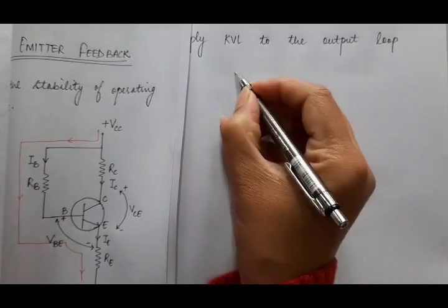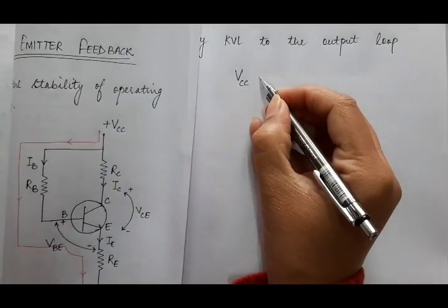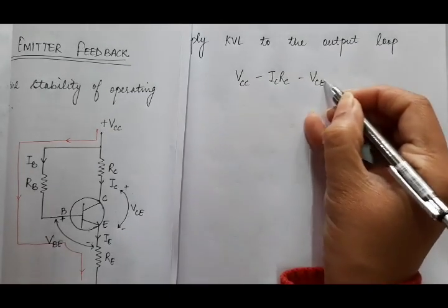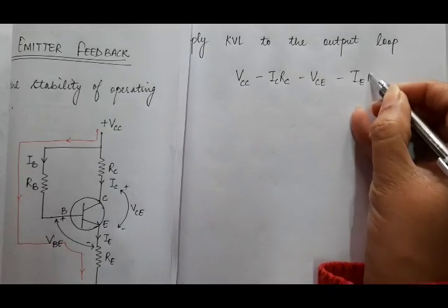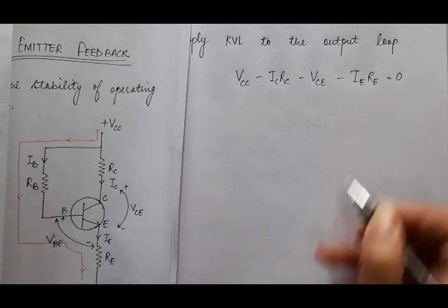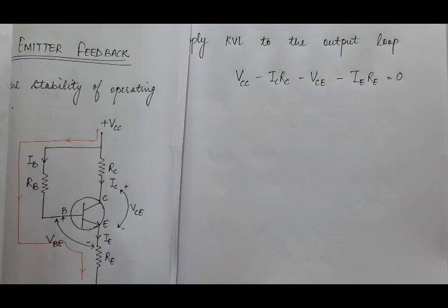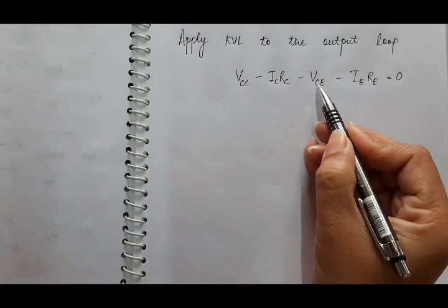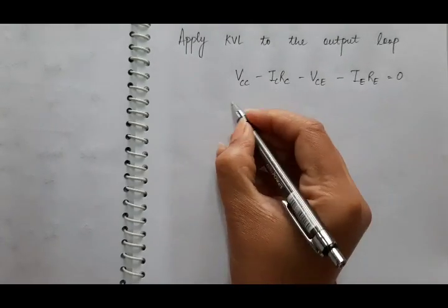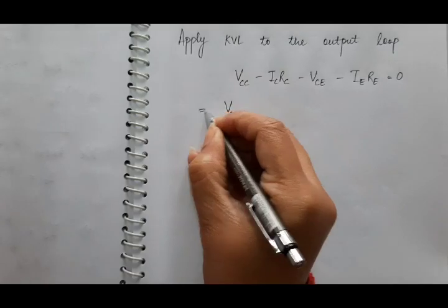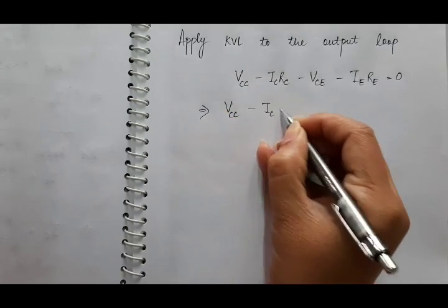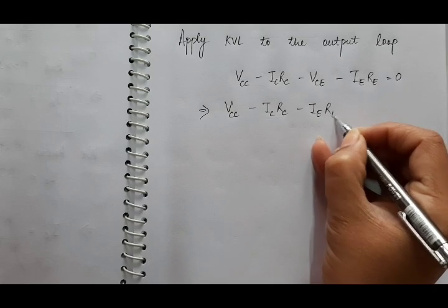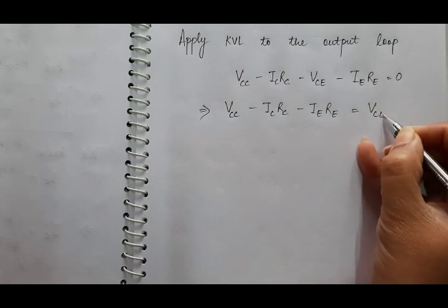So it will be VCC minus ICRC minus VCE minus IERE, it is equal to 0. So we have to find the value of VCE. So move this VCE to the other side. We have VCC minus ICRC minus IERE, it is equal to VCE.